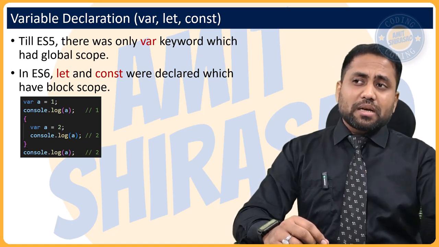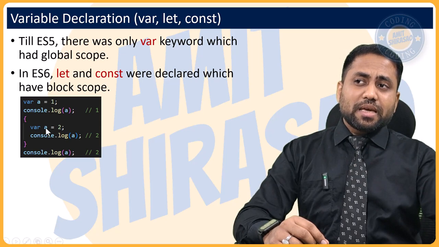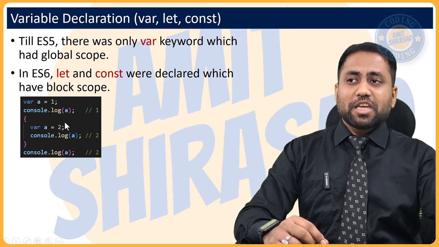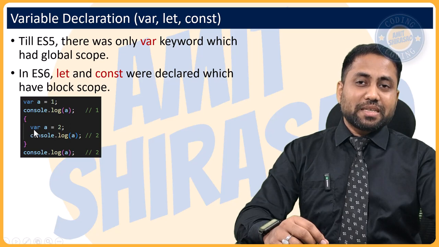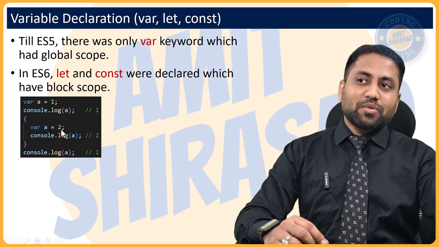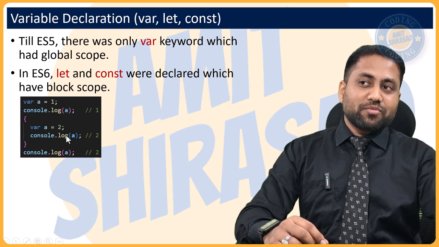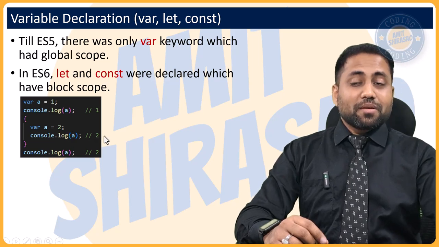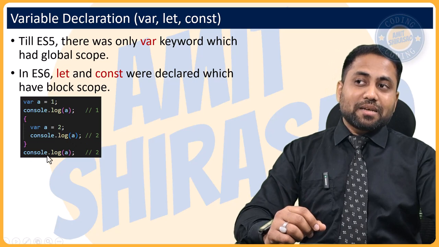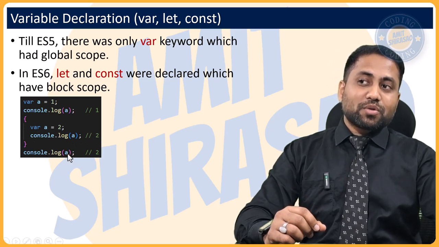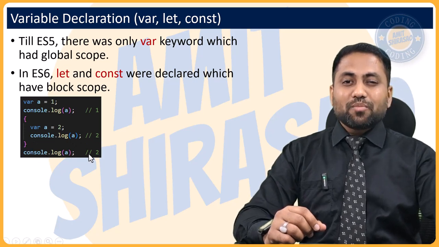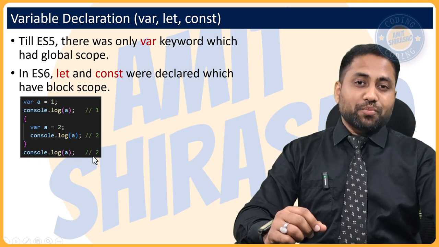Now here, a's value within the block has been changed, a is redeclared here, and a's value is made 2. So here if you console it out it is 2. But notice that outside that block also, if you console it out, it will still be 2.